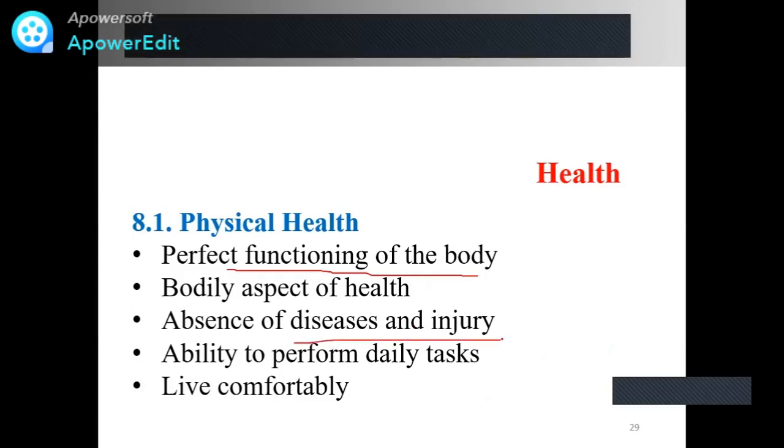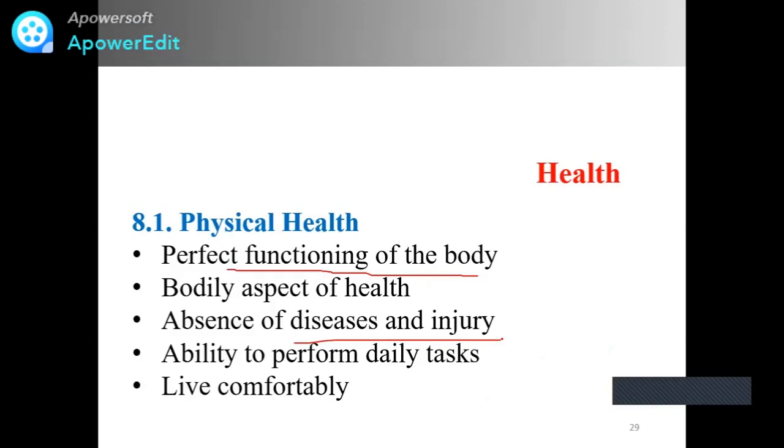Physical health is also the ability to perform daily tasks. If you can do your daily tasks, that is physical health. In other words, physical health means you can live comfortably.